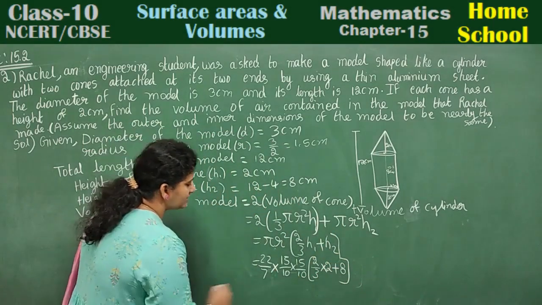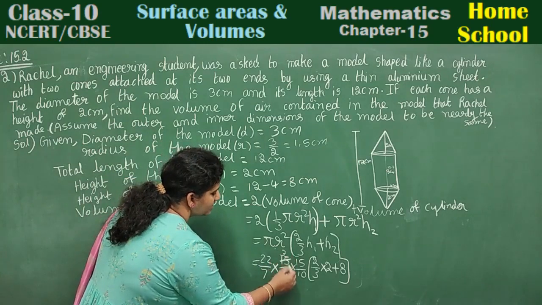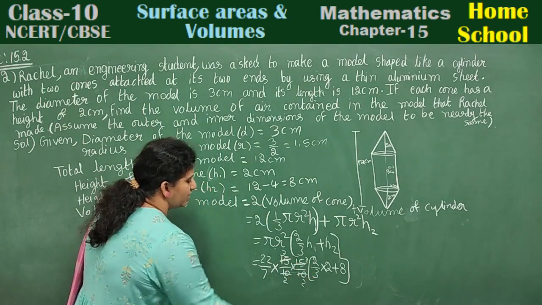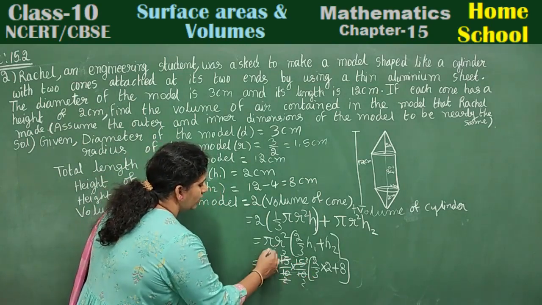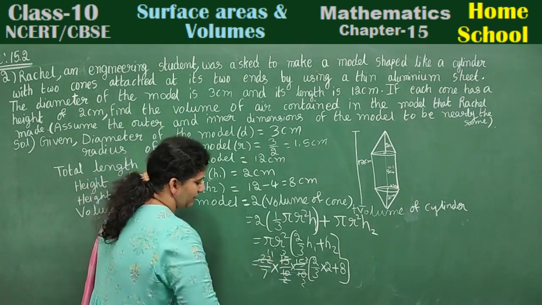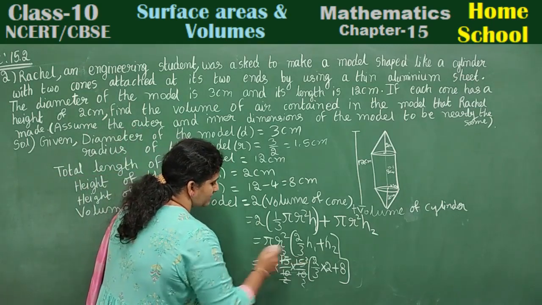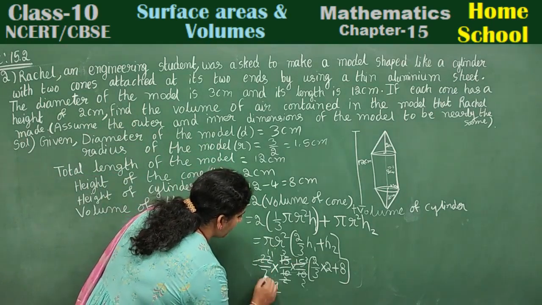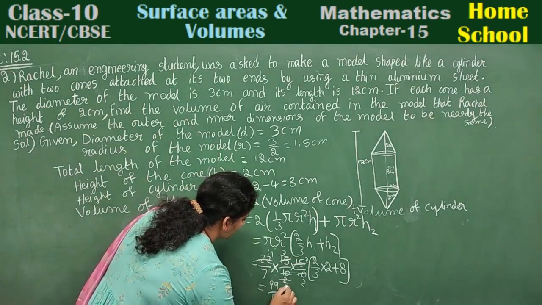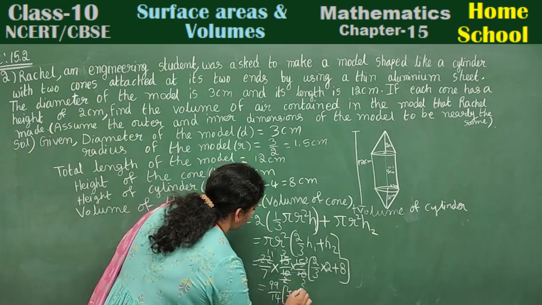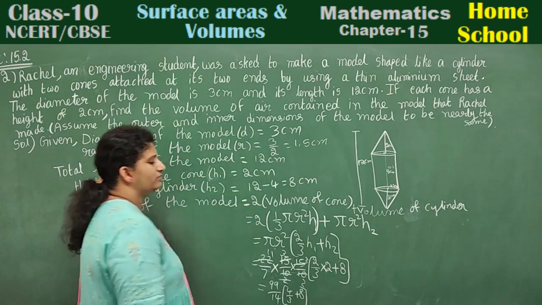Okay, now try to cancel. 5 3s, 5 2s, 5 3s, 5 2s, and again here 2 11s. Okay, so then it will be 3 3s are 9, 9 11s are 99 by 7 2s are 14 into 2 2s are 4, 4 by 3 plus 8.